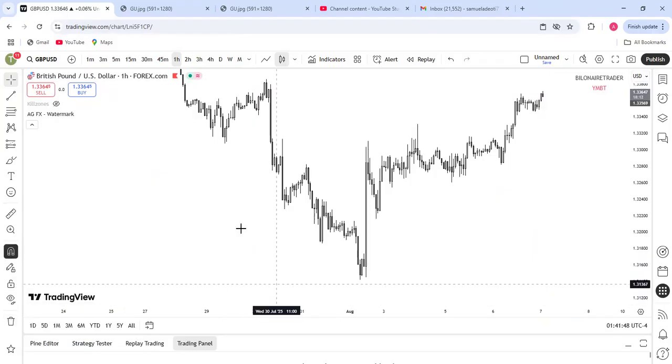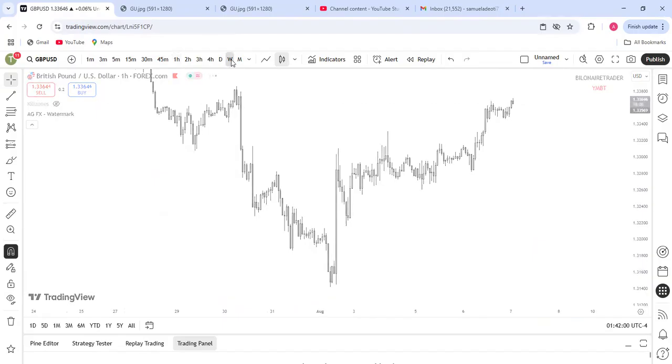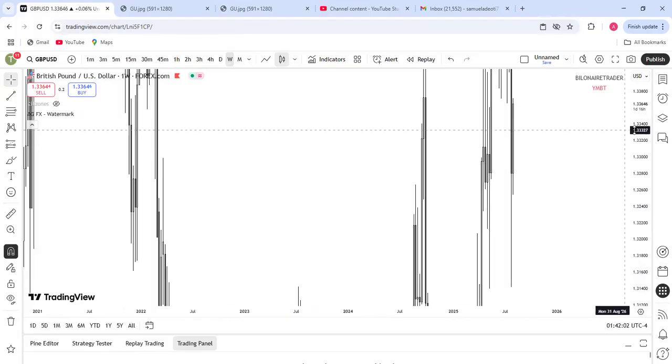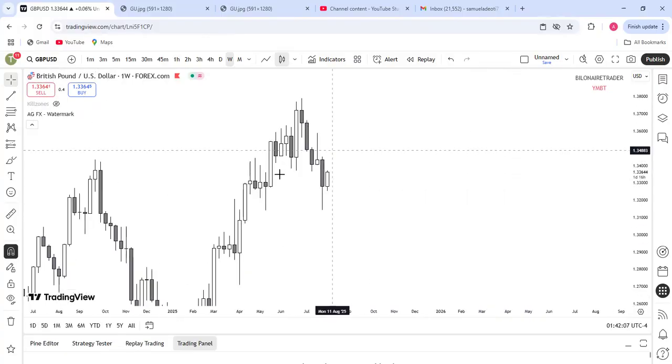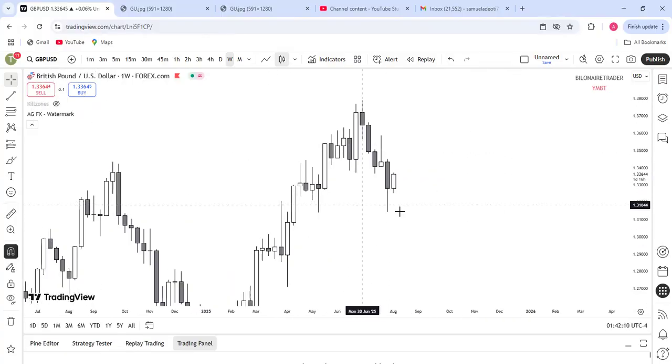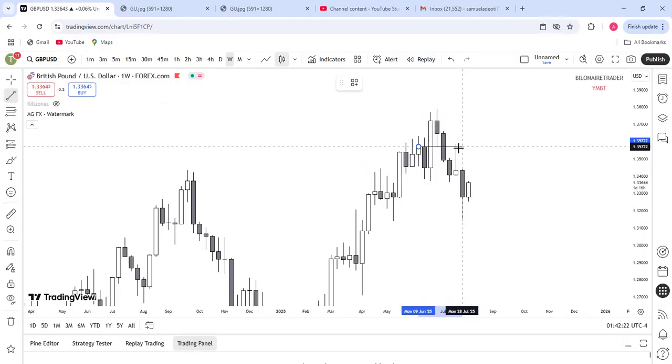So let's run a quick recap on the trade. It's a buy trade, and let's see how we cut it. On the weekly time frame, I am bearish. The reason for the bearishness was this key level.